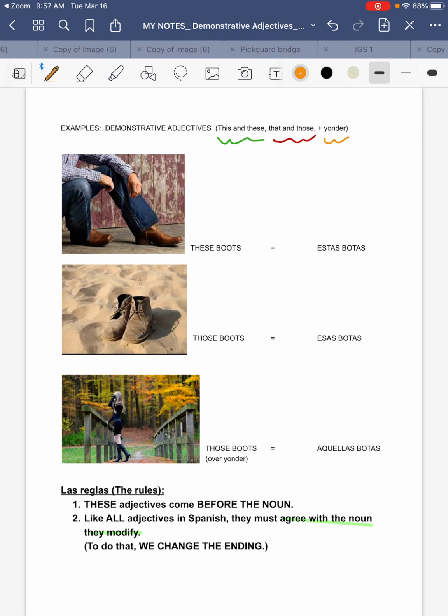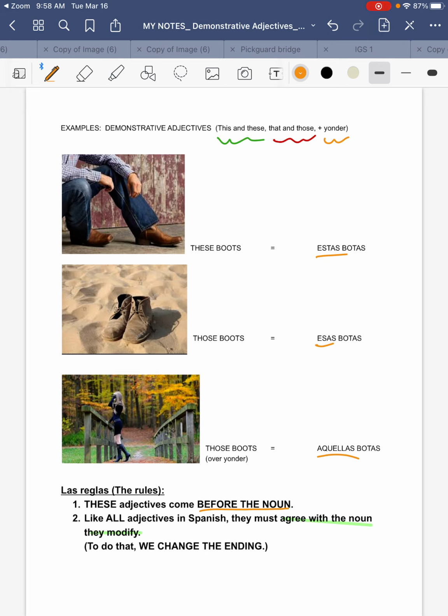Now there is one little difference with these demonstrative adjectives and other adjectives that we've used. Demonstrative adjectives come before the noun. So just like in English, these boots, estas botas. Those boots, esas botas. Or maybe I'm talking about those boots over yonder. Aquellas botas.